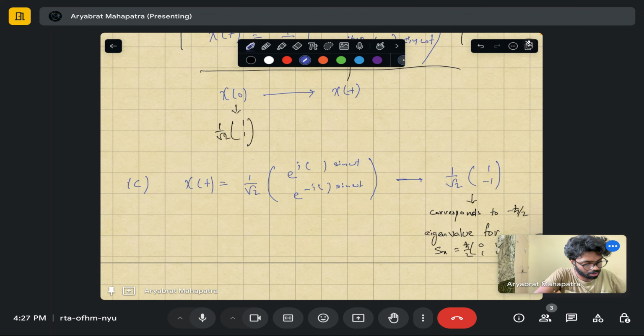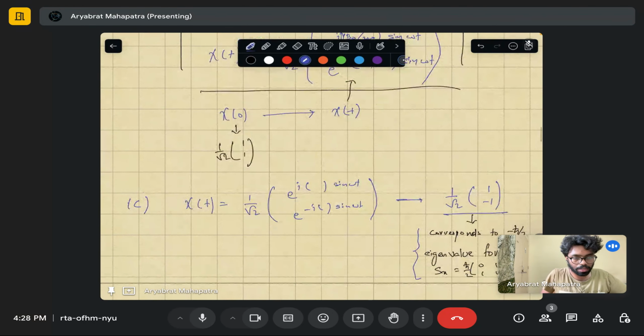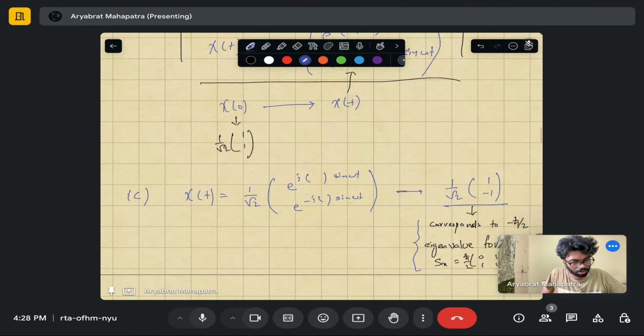So we need to see this 1 by root 2, 1 minus 1, possibly the state when you measure this chi of t after time t.